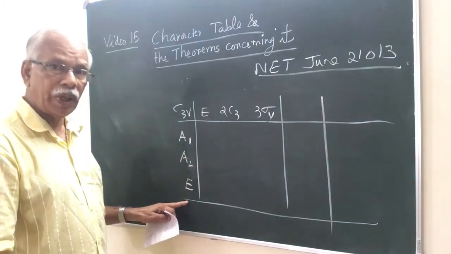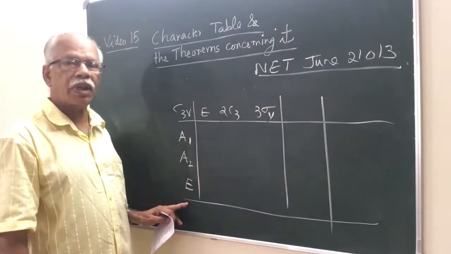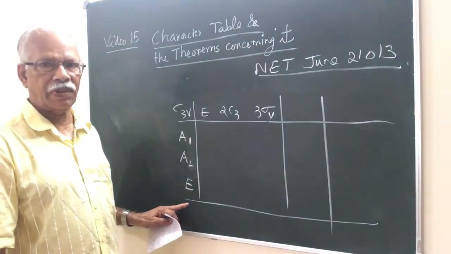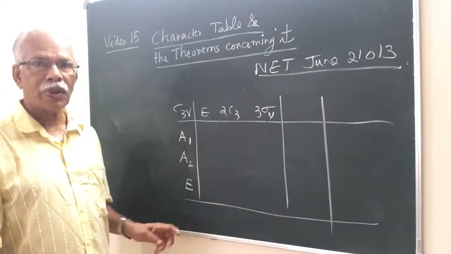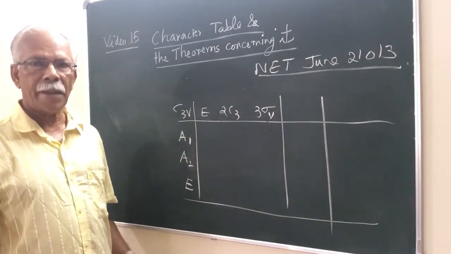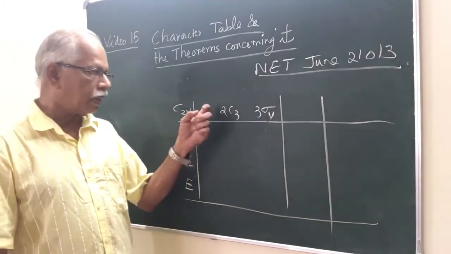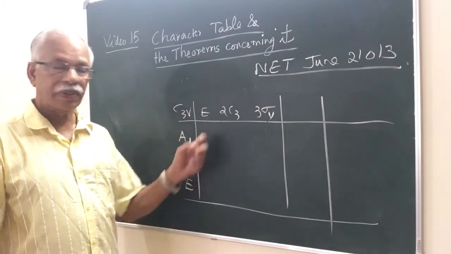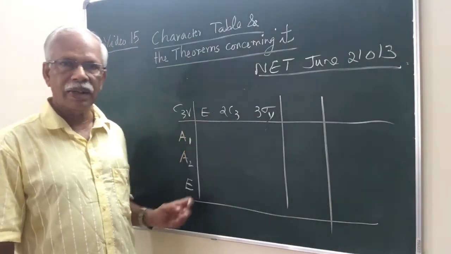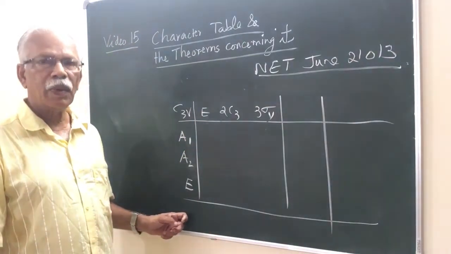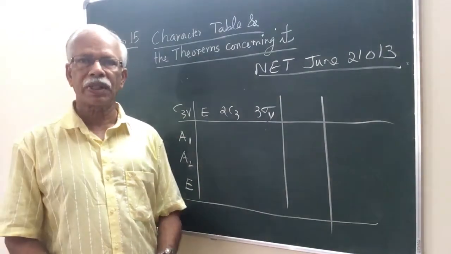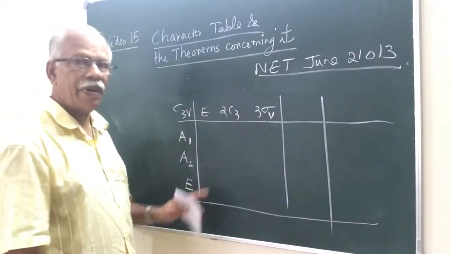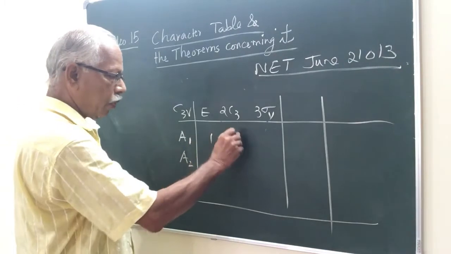E is a truly 2-dimensional irreducible representation. One has to be careful to notice the difference in the meaning of E written at the top and written by the side. This E stands for identity and this E is the Mulliken notation for a 2-dimensional irreducible representation. The characters of A1 are 1, 1, 1.